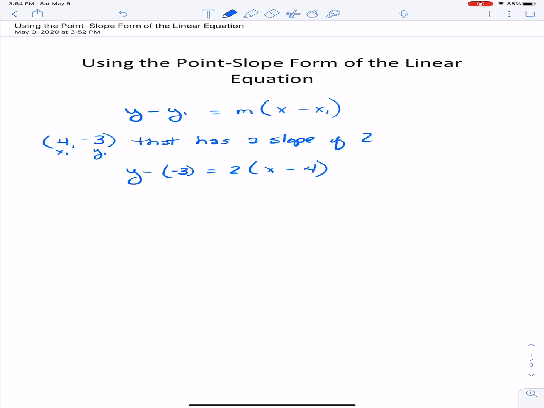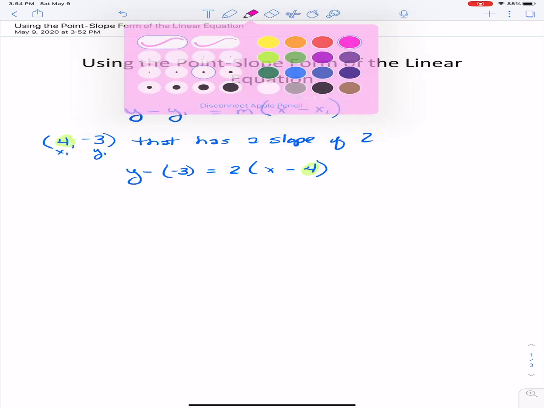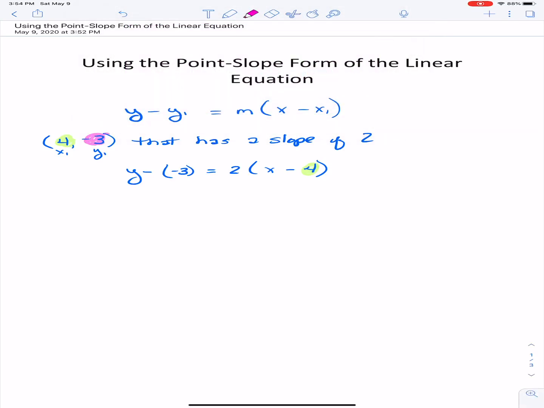So what we've done is we've taken our 4 here and we've replaced our x here. We've taken our y here and we've put it into our equation here. Now we have a problem. We don't write problems like this, so we need to simplify this.